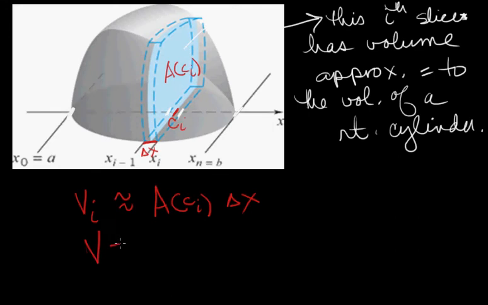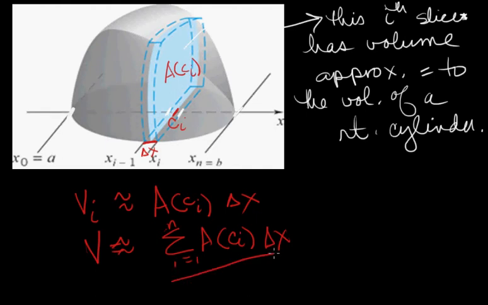And the volume then of the whole thing is approximately equal to the sum from i equals 1 to n over the partition of A evaluated at a sample point taken from each interval times delta x.